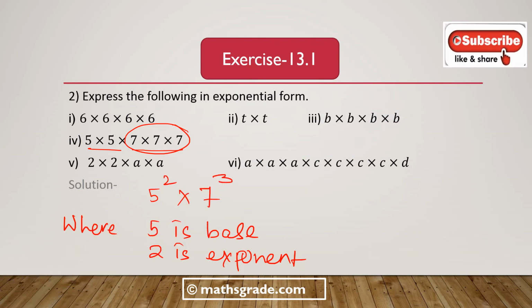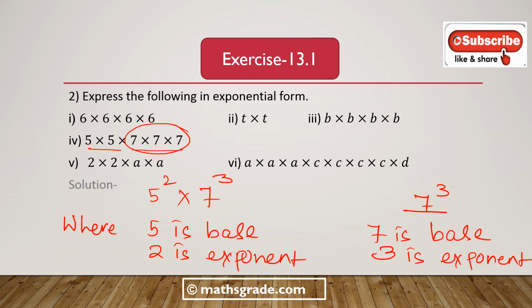In 7 to the power 3, 7 is the base and 3 is the exponent. So 5 multiplied by 5 multiplied by 7 multiplied by 7 multiplied by 7 is 5 to the power 2, that is 5 square, multiplied by 7 to the power 3.